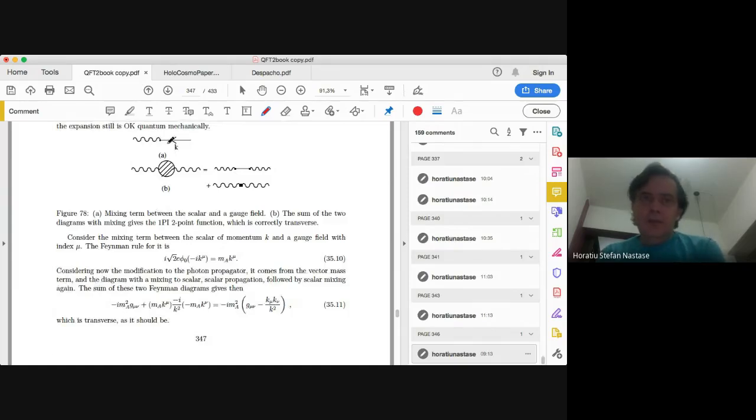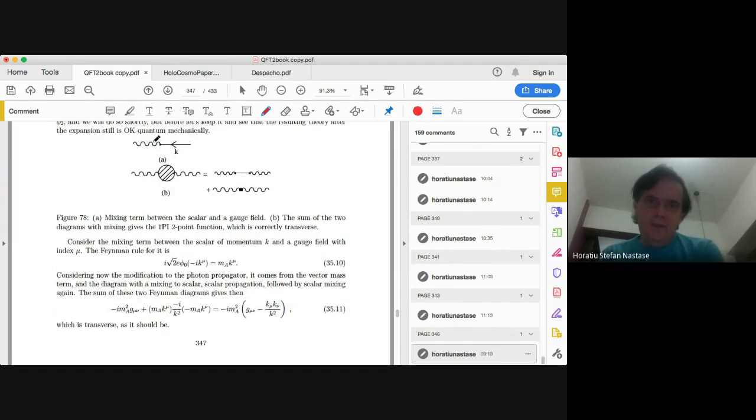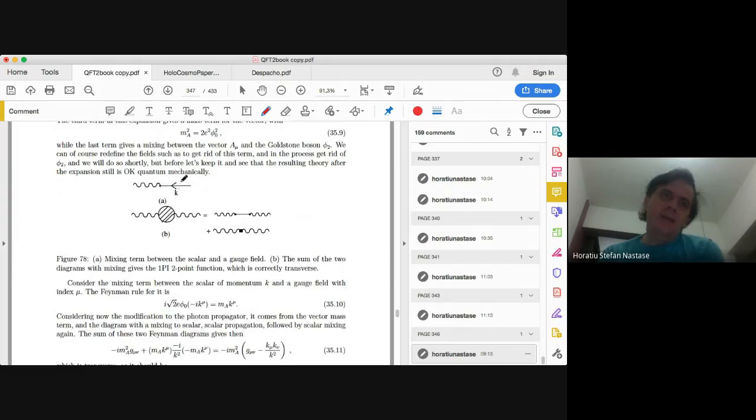So we consider the Feynman diagram for this mixing as a kind of vertex, right? There's a quadratic vertex between the vector and the Goldstone boson, the scalar. And the Feynman rule then is i square root 2 E phi 0.